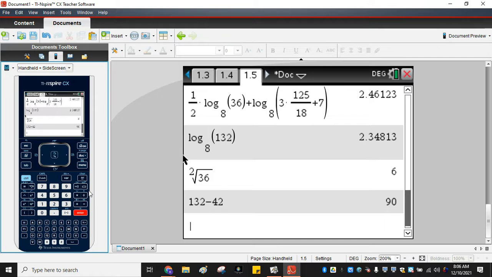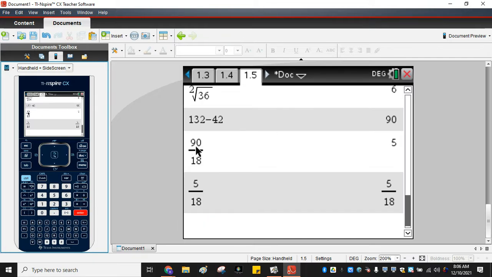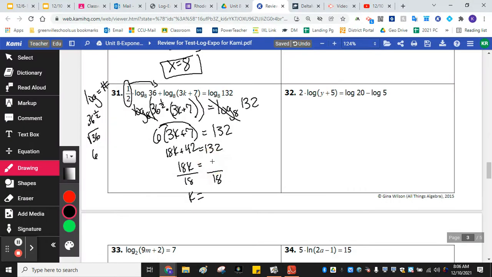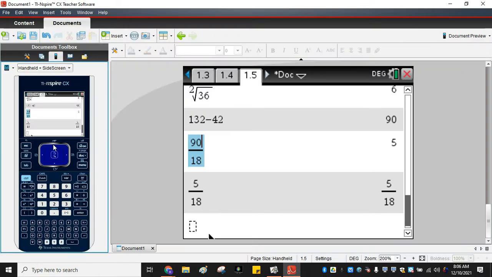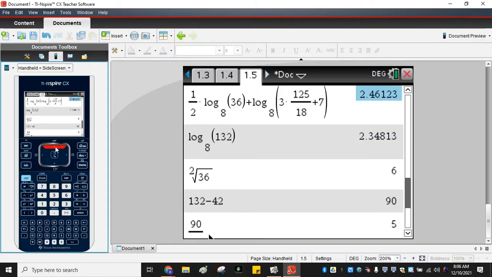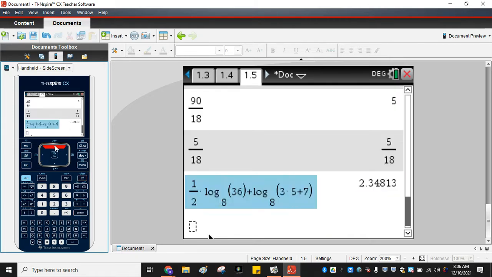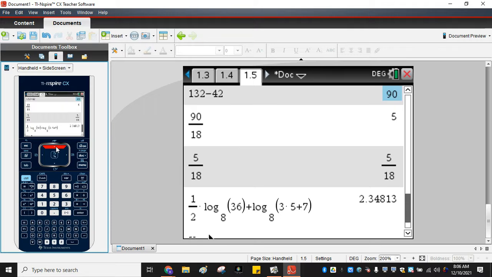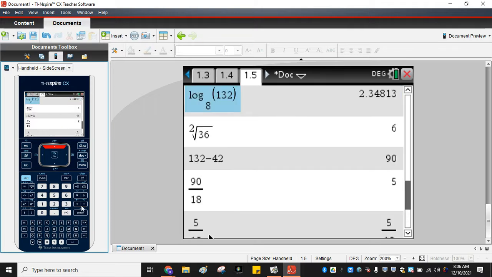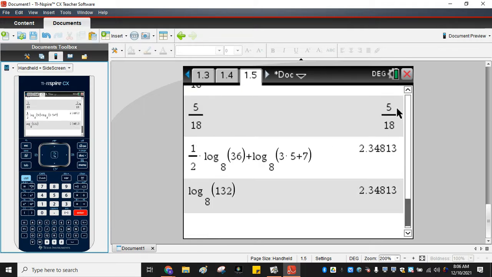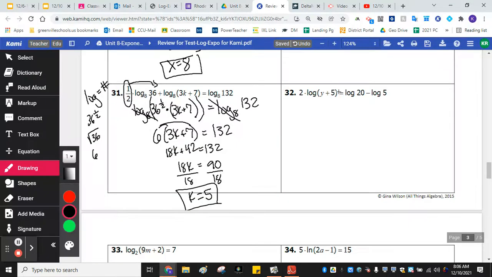And then I'm going to divide that by 18 and get 5. And then I can check my answers. I've already typed it all in, so I'm not going to waste my time. I got 5. Does that equal this? There we go. Now it does. Good reason to check my answers. So that works.